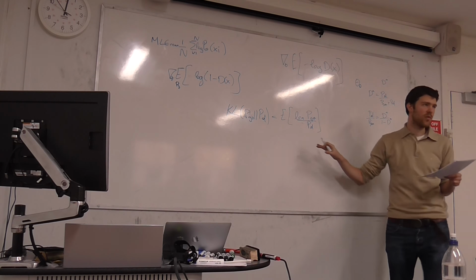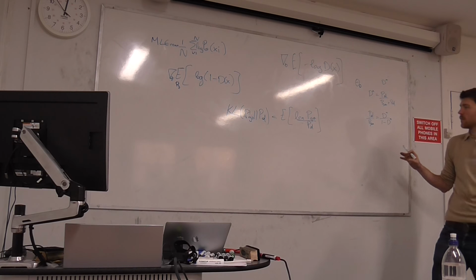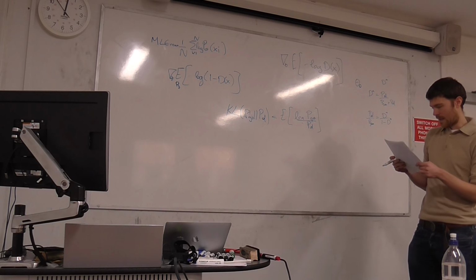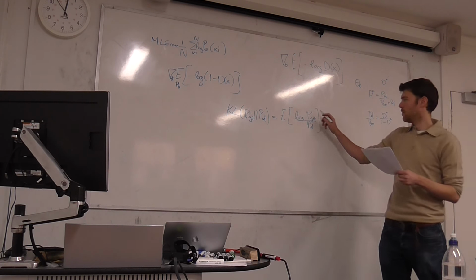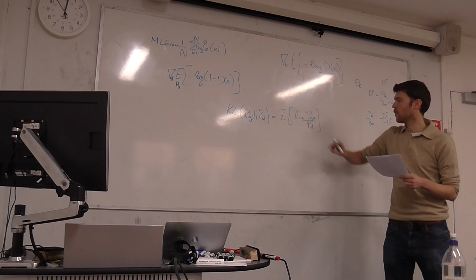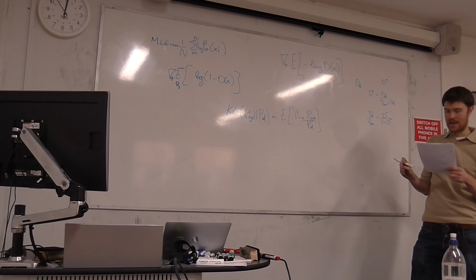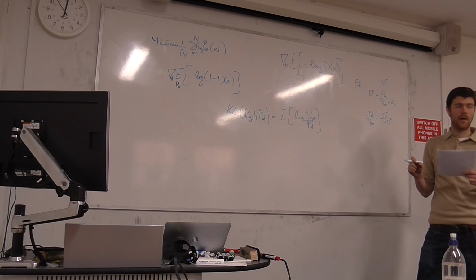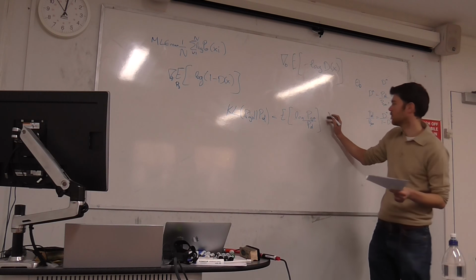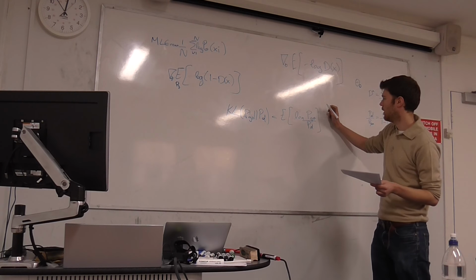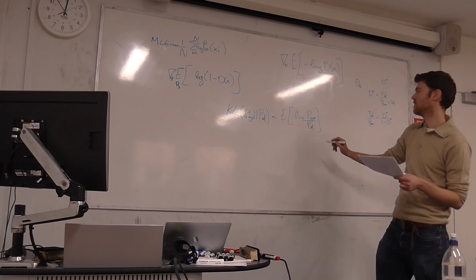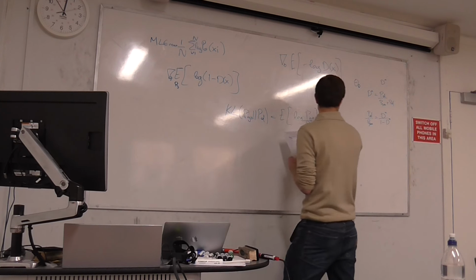This is just the Kullback-Leibler divergence formula. And we can do the same trick we did before, which is multiply and divide by a number. In this case, we multiply and divide with PG theta 0.